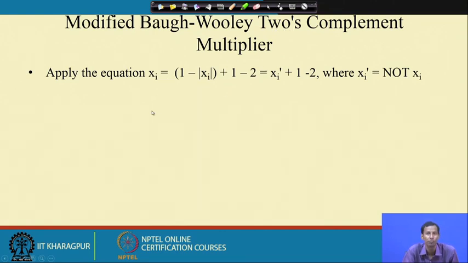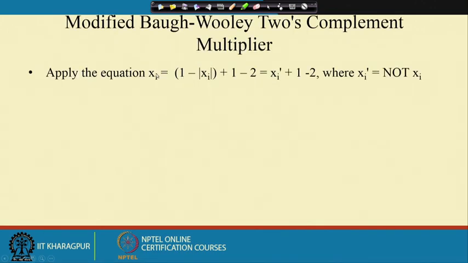If we follow this equation for the Baugh-Wooley multiplier, at this particular position the values we get are minus a4 x0, minus a4 x1, minus a4 x2, minus a4 x3.